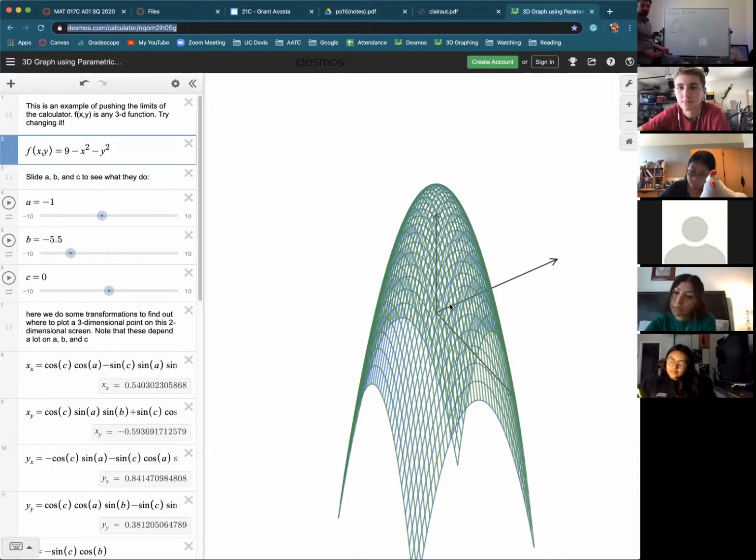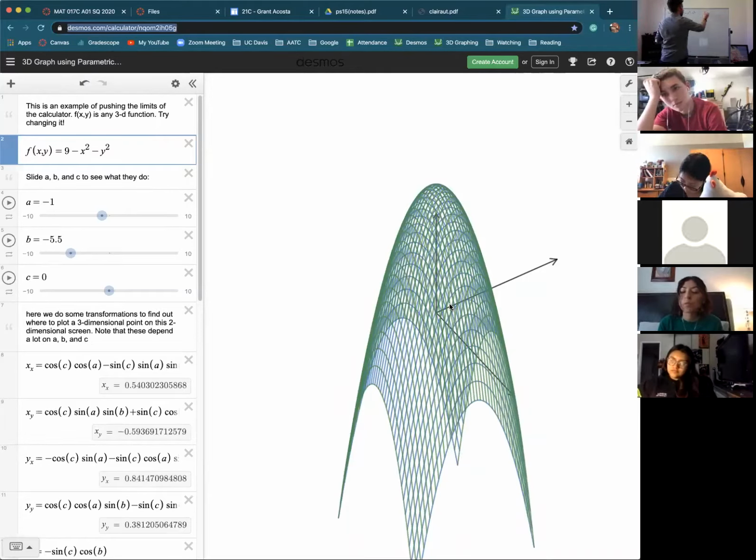The idea is we've got this downward opening paraboloid shape. And we've talked about finding the partial derivatives in the x and the y direction. So for example, if I want to find fx, well, that's negative 2x.